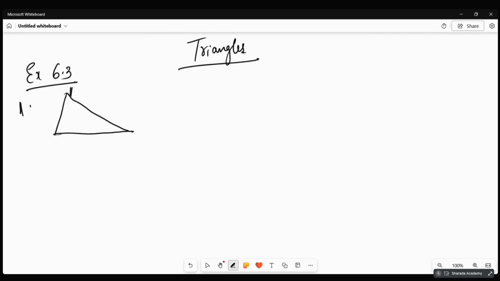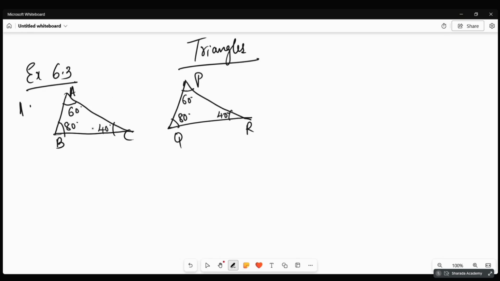The first one here is ABC, and the other one is PQR. In ABC, A is 60 degrees, B is 80 degrees, C is 40 degrees. Here also it is 60, 80 and 40. Tell me which criterion this is.